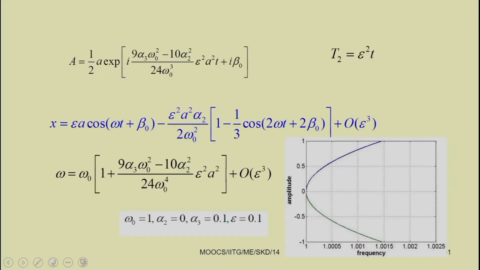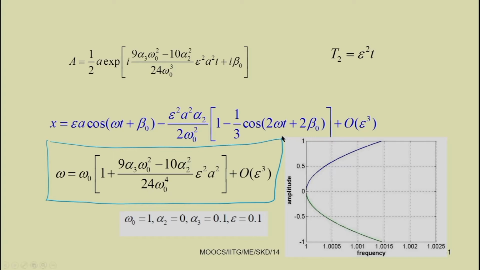We got this relation either by using the Lindstedt-Poincare technique or by using the method of multiple scales, the relation between omega and A. In the Lindstedt-Poincare method we have written omega equal to root over alpha 1, and that root over alpha 1 is nothing but this omega 0.